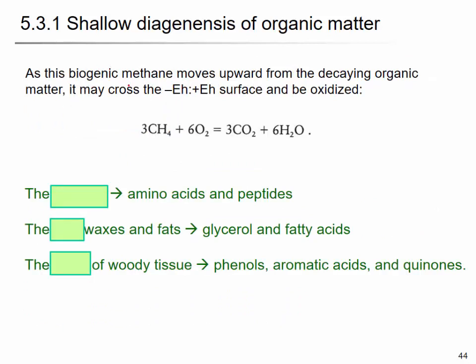Again, this biogenic methane moves upward from the decaying organic matter. It may cross this redox potential surface and can be oxidized. Then it will become carbon dioxide in the water.